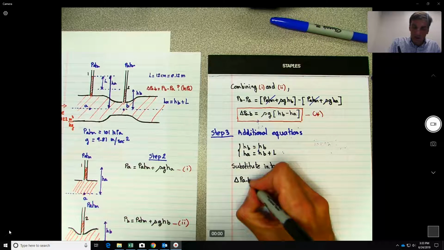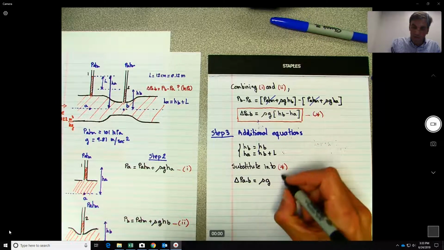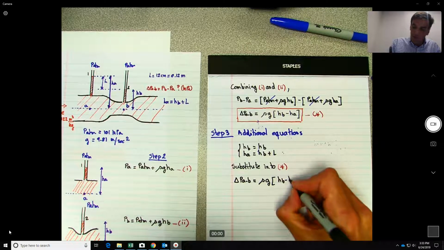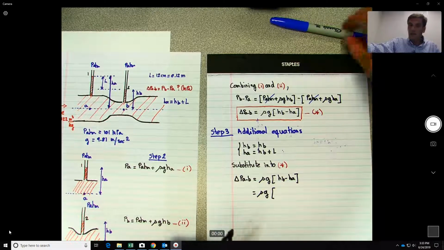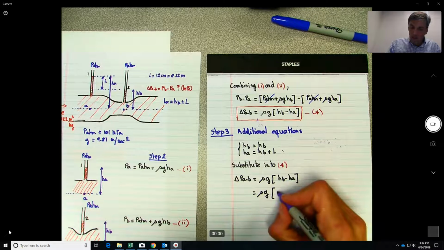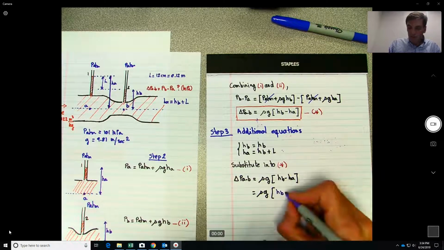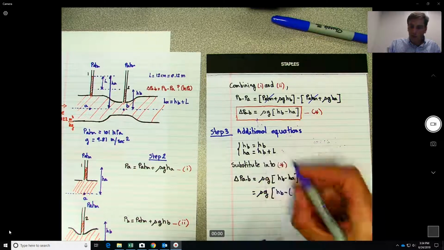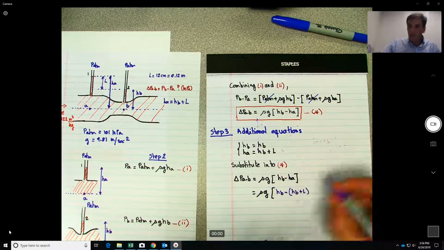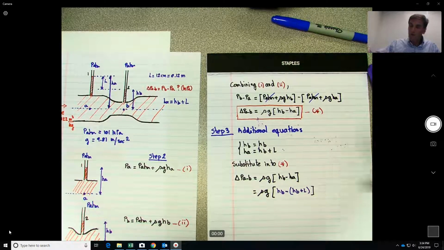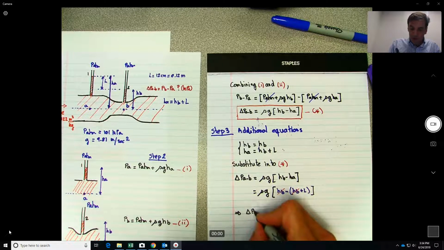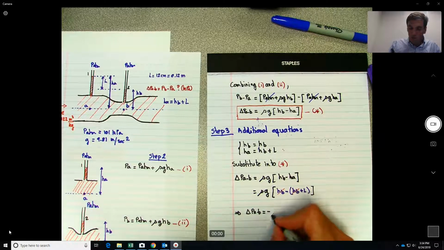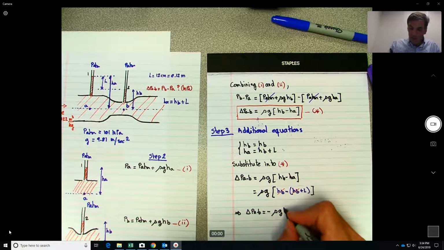Difference in pressure AB will be equal to rho G. Let me just rewrite H sub B minus H sub A. This will give you rho G times H sub B, unchanged, minus H sub A, which becomes H sub B plus L. So now it's easy to see that the H sub B will cancel out, so that at the end we have that the change in pressure between AB will be equal to minus rho G L.